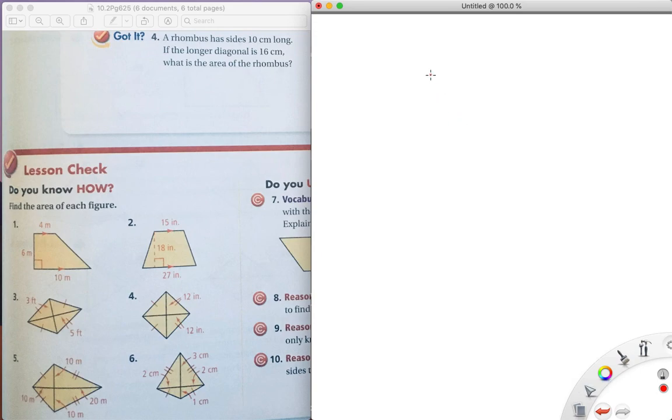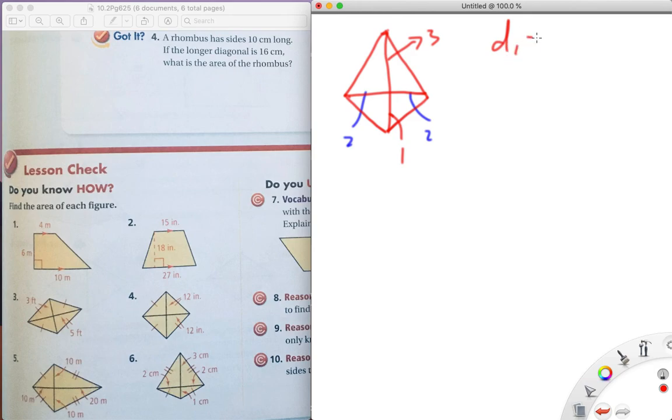For the last one, we have also a kite. This is 3, this is 1, this is 2, this is 2. So diagonal 1 is 3 plus 1, which is 4.